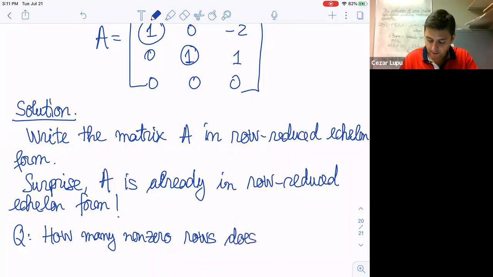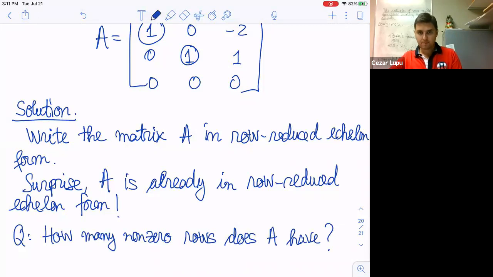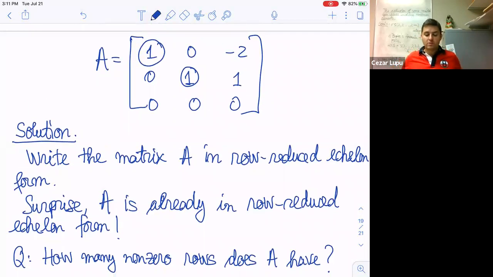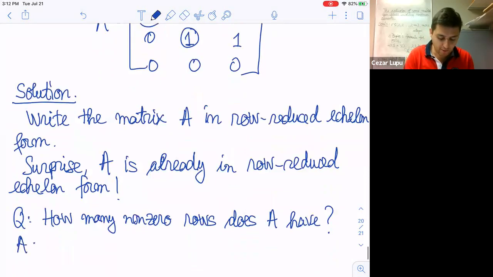Can you tell me? How many non-zero rows does my matrix have? 2. Exactly, 2. So the short answer is 2.